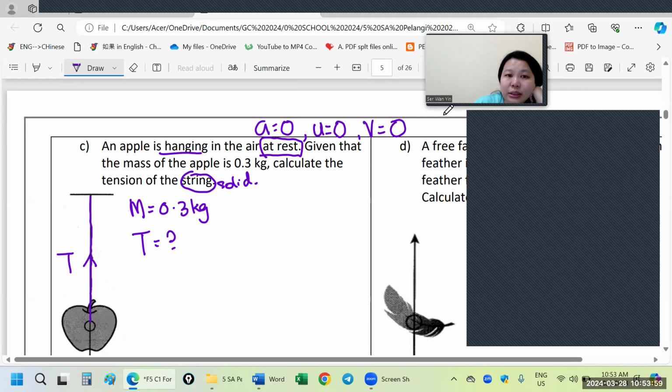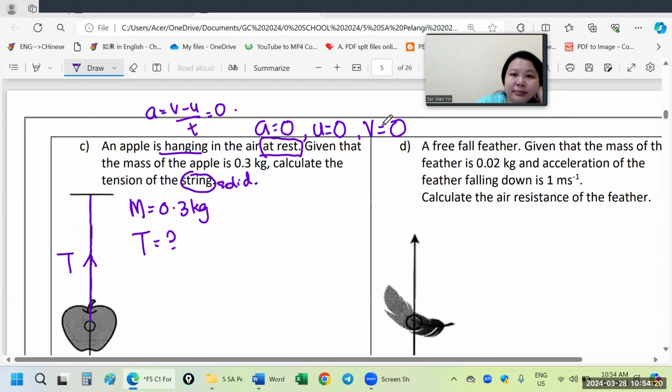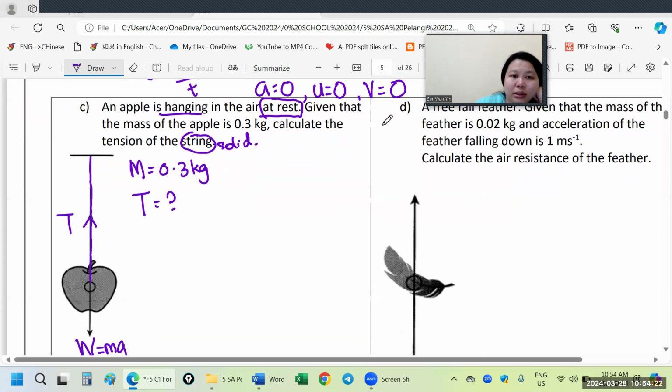So acceleration equals what? V minus U over T. So 0 minus 0 over whatever time will be 0. Right? At rest. So always keep an eye on at rest or stationary. Okay, so actually we get A equals 0.